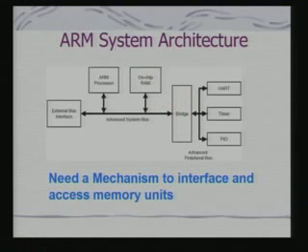So if we go back to the ARM system architecture, obviously I have got on-chip RAM, okay, and we need to know how to use this on-chip RAM, but we can also have external RAM connected to the system. The whole idea here is that when we are interfacing external memory units, we should know how to use the signals which are being provided by the processor core.